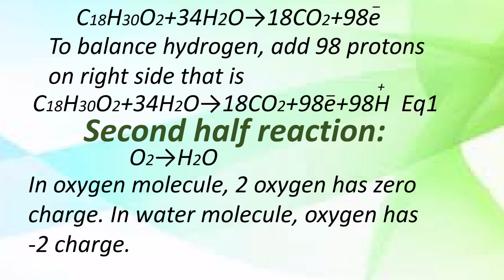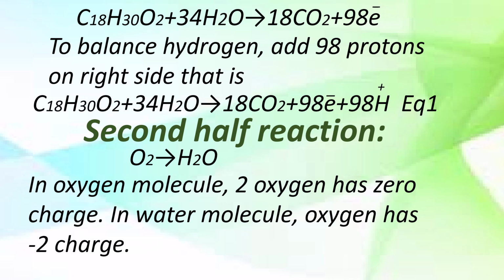To balance hydrogen, add 98 protons on right side, because in this equation there are 34 multiplied by 2 hydrogen. So we will balance hydrogen by adding 98 protons on right side.